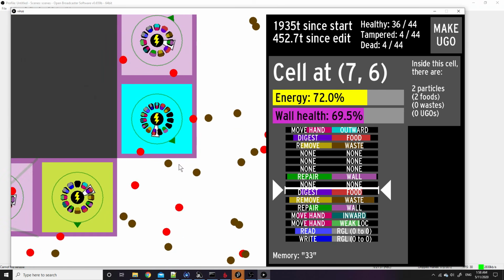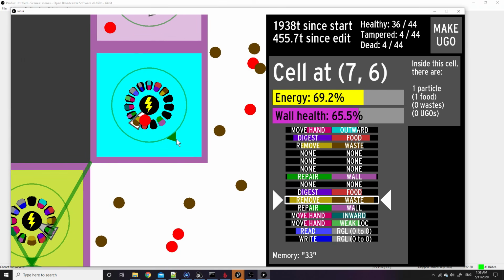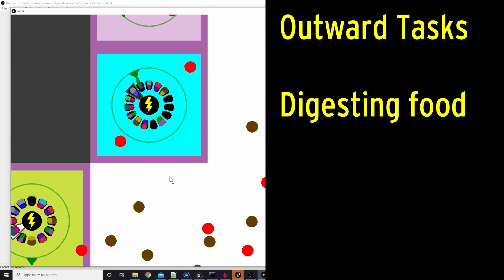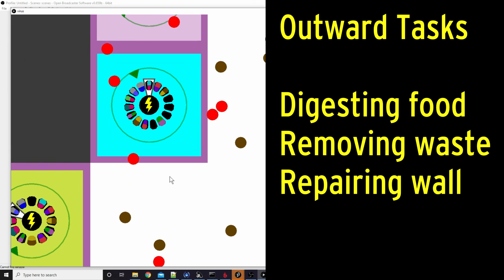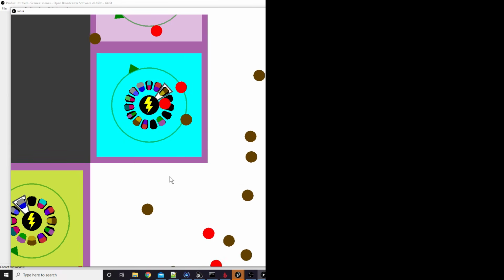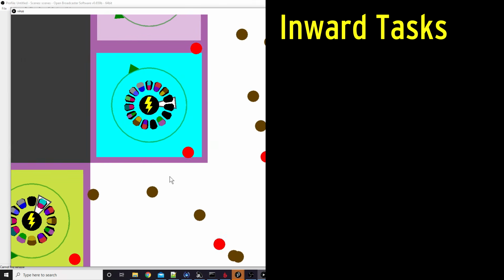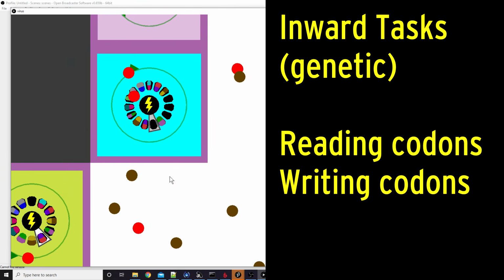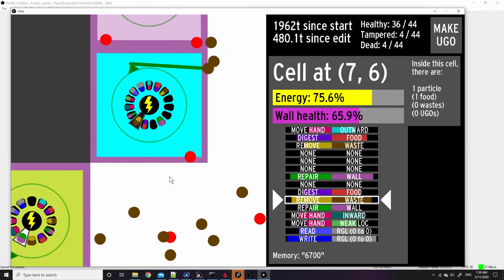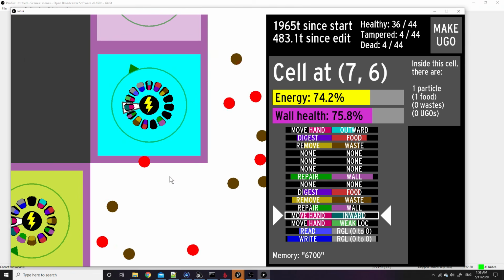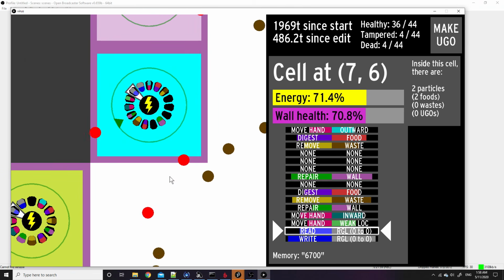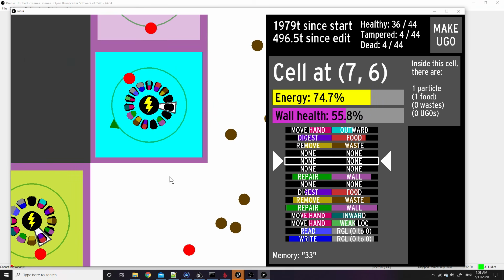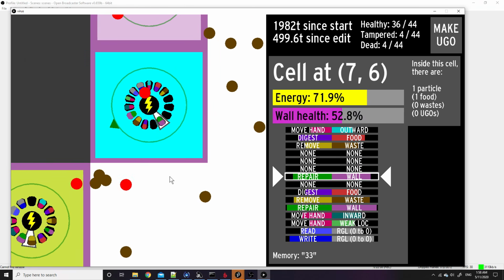So I told you that a cell's hand has to point outward to perform outward tasks such as digesting food, removing waste, and repairing walls, right? I also said that a cell's hand has to be pointing inward to perform genetic tasks such as reading genes and writing genes, or codons. But I didn't tell you yet that if a hand is pointing outward when it reaches a write codon, the write codon compels it to spew whatever is in its memory out of the hand.